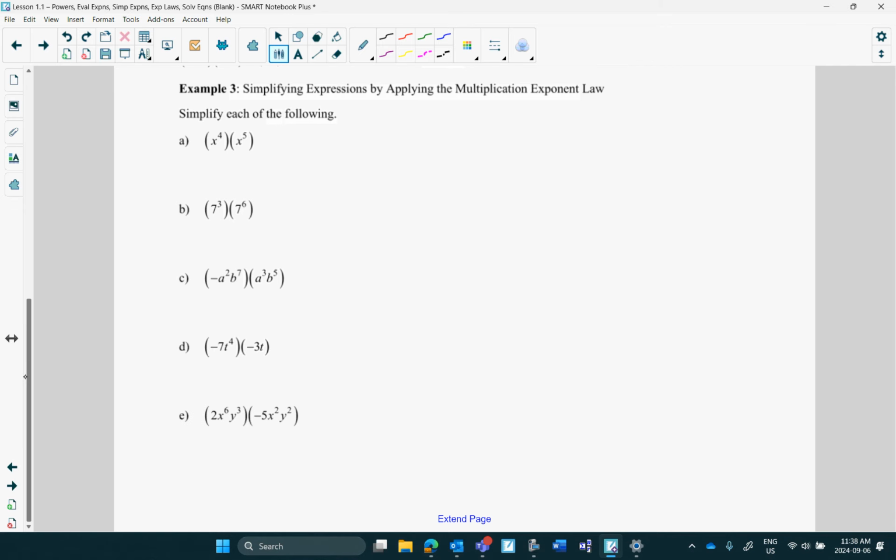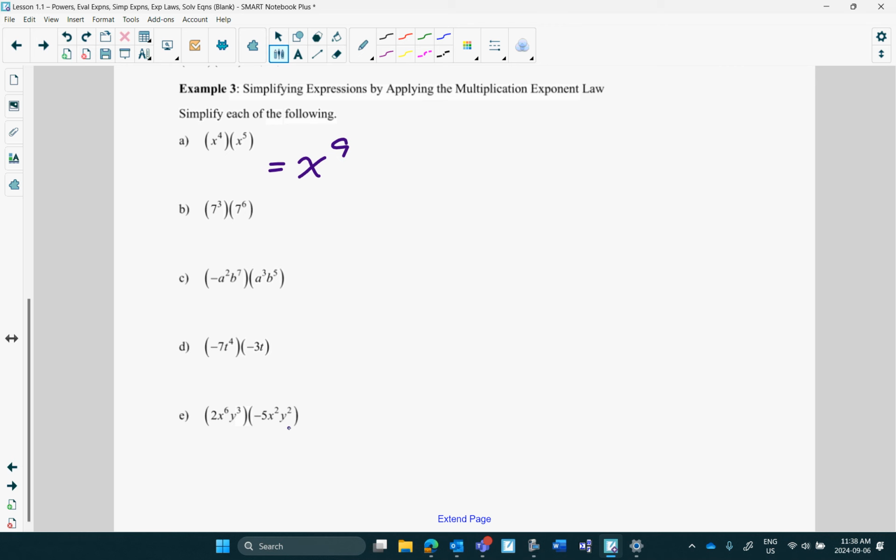So here, notice all of these, the bases are the same. What would x to the 4th times x to the 5th be? X to the 9th. Because we add the exponent. Base stays the same, we add the exponents. Be careful with this next one.